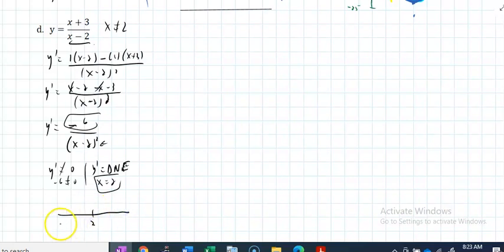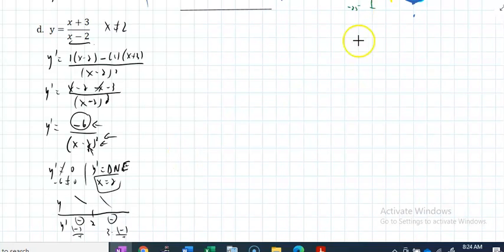A point to the left of that would be 0. If I plug in 0, that's negative. And negative 2 squared is positive, so that's negative. The function is decreasing. If I plug in, say, 3, that's negative, and 3 minus 2 is positive, that's decreasing.